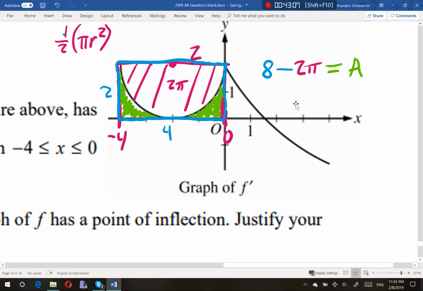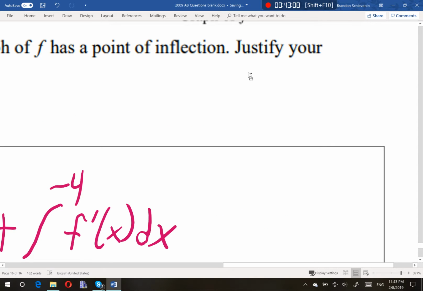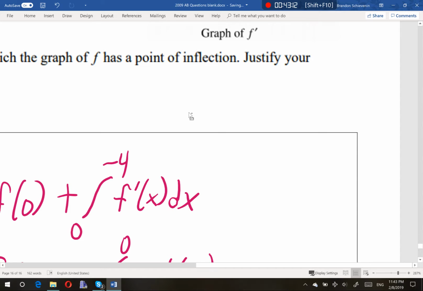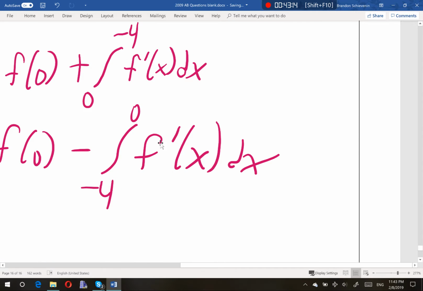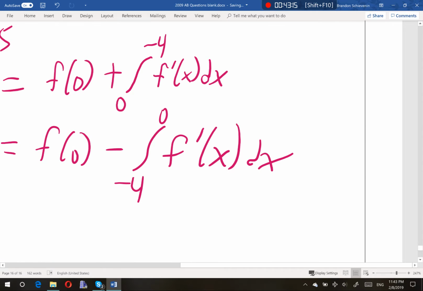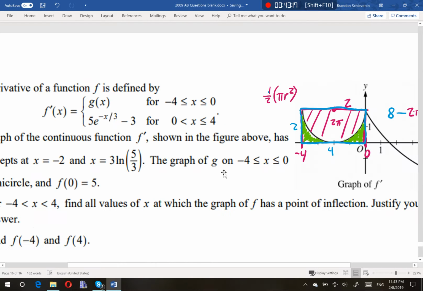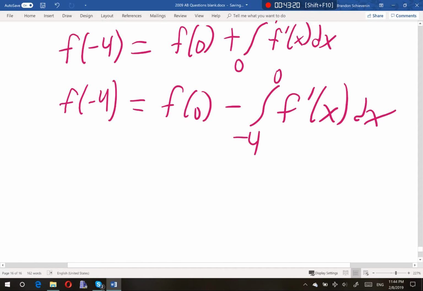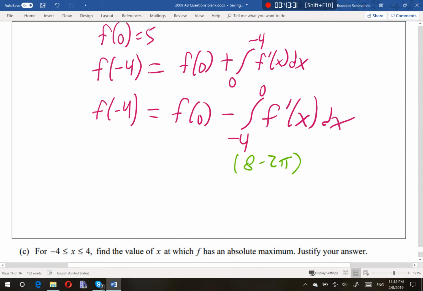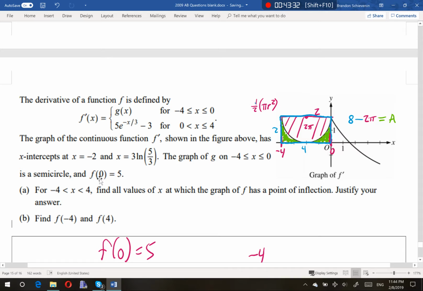Okay. So I'm going to zoom out, and we'll substitute that in. Our integral of our derivative from -4 to 0 was equal to 8 minus 2 pi. So that whole integral is 8 minus 2 pi. And then f at 0, we were told in the original problem, is 5.